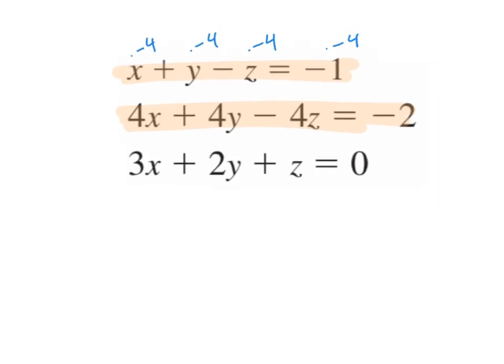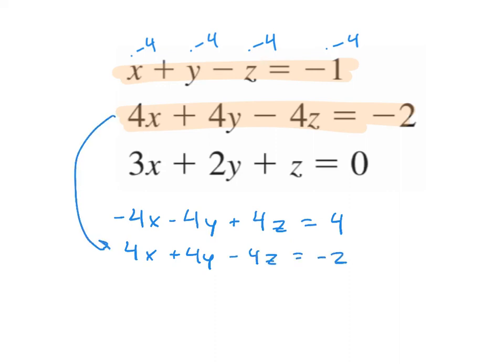So our first equation becomes -4x minus 4y plus 4z is equal to 4. And then I'm going to rewrite our second equation right below it: 4x plus 4y minus 4z is equal to -2.